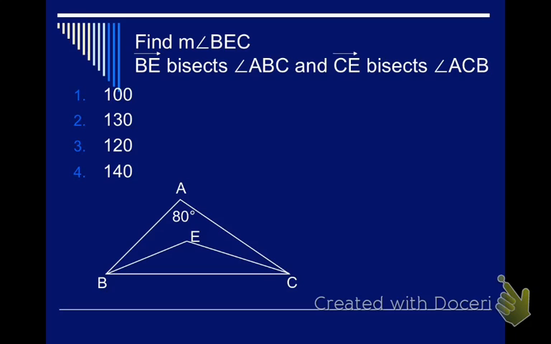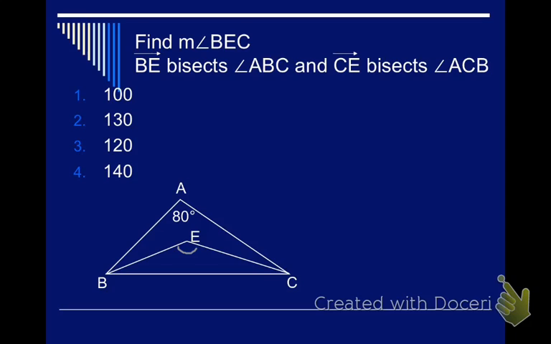Okay, let's find the measurement of angle BEC. This angle right here is what we're shooting for. We know that BE bisects angle ABC, and that CE bisects angle ACB.